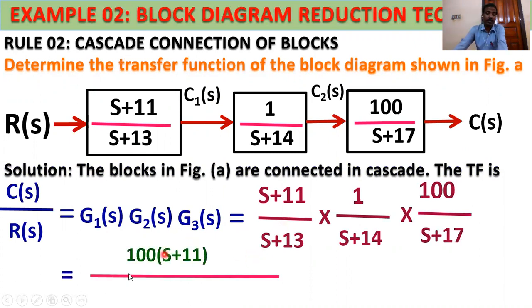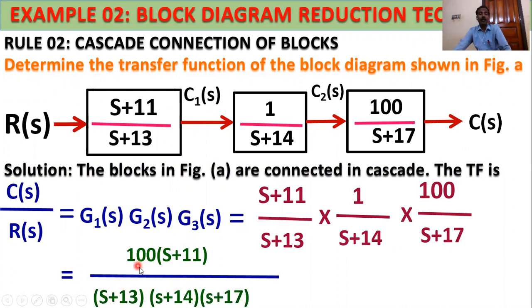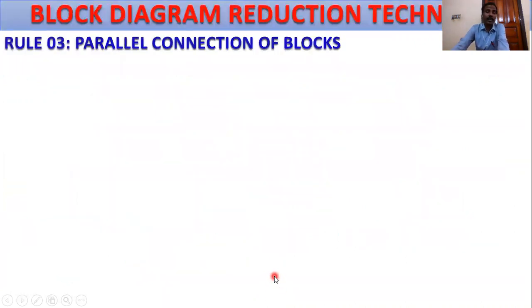Then multiplying, this is the transfer function by using cascade connection of the blocks. This is the solution: 100 into (S plus 11) by (S plus 13)(S plus 14)(S plus 17).